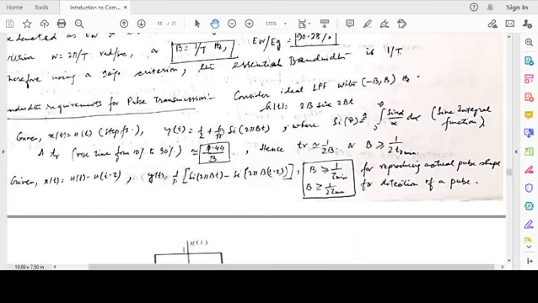Anyway, the criteria, as we will see in a few graphs below, is that if B is greater than or equal to 1 by 2 tau min, where tau min is the minimum width of my pulse, then I have barely a detection of a pulse. If B is greater than 1 by tau min, then I have a good reproduction of the actual pulse shape.